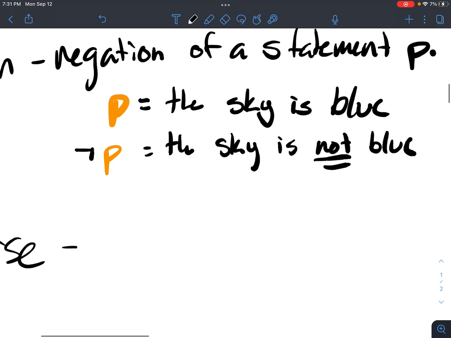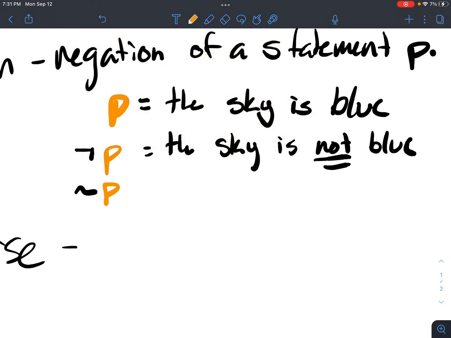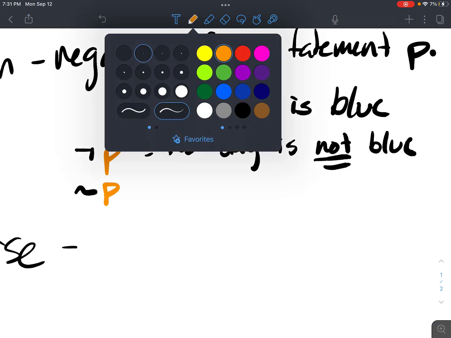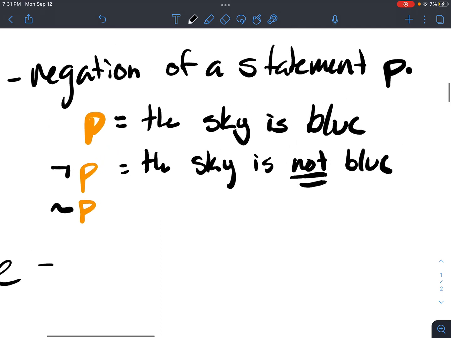There it is. So the other way you could write it is like a little tilde. I will always use this. I like it more. It looks cool, and you don't get to use that at all ever in math. So I will use this little negation symbol. All that means is it's negating whatever the sentence is.